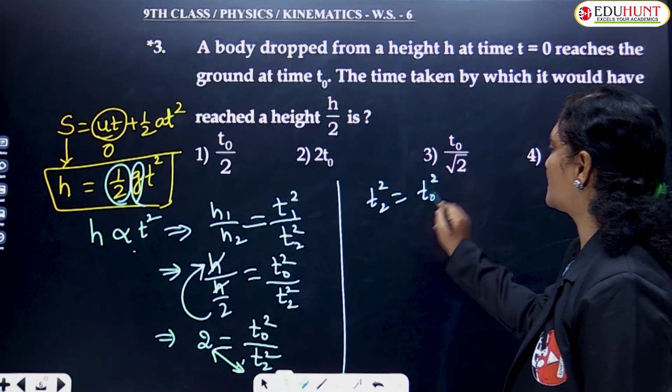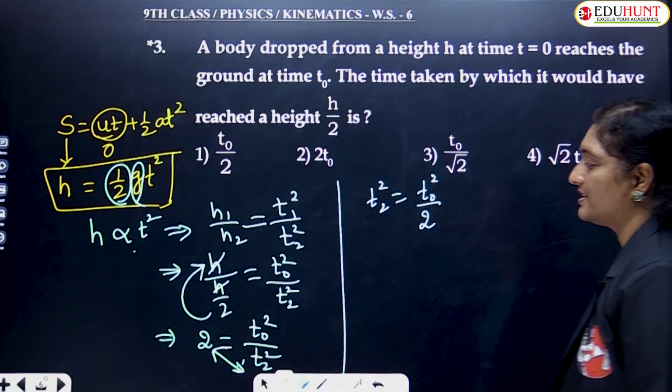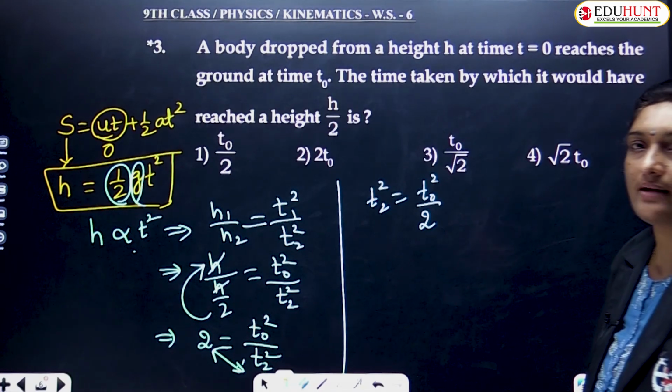Is that okay, children? Half g n square minus half g n square gets cancelled.